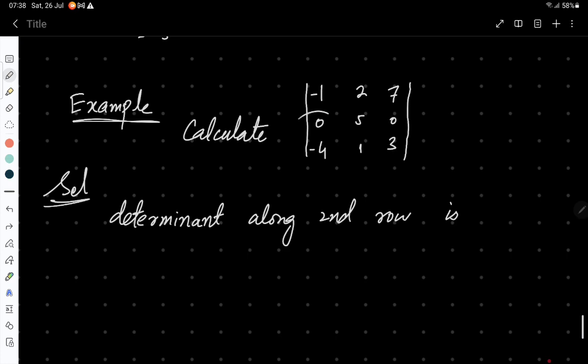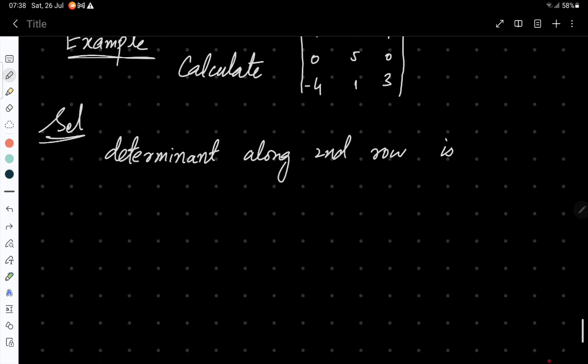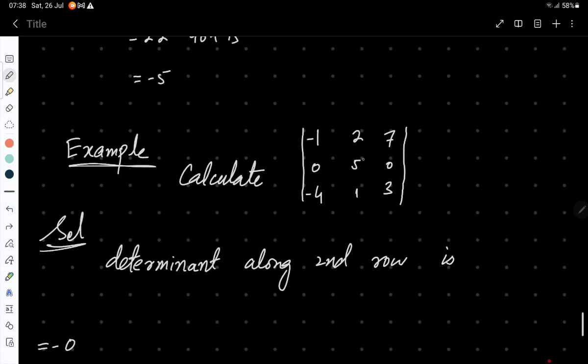This entry is named A21. If I add the indices of this entry, 2 plus 1, which is 3, an odd number, then along this entry I will write minus, so that's why I will write -0. And this entry is A22, whose indices are 2, 2.